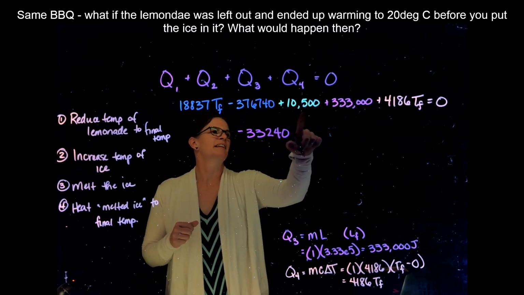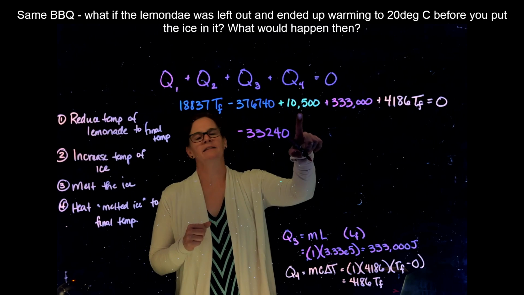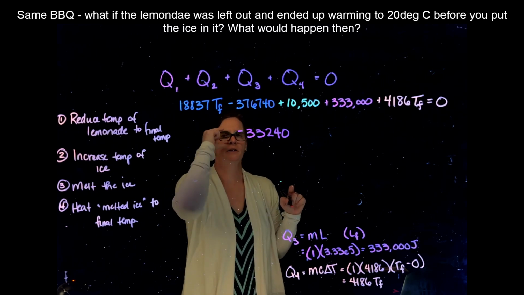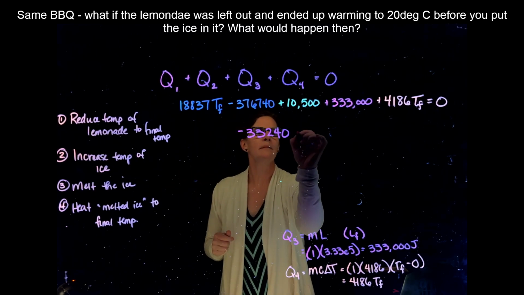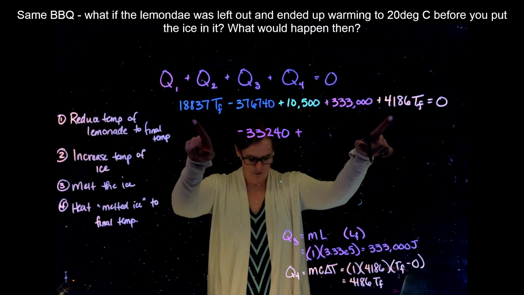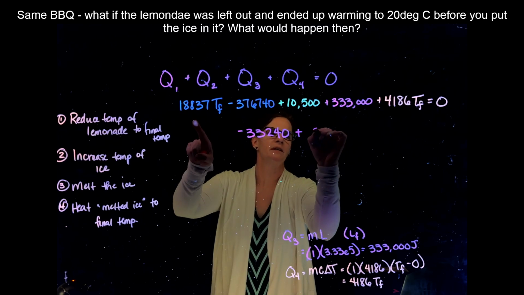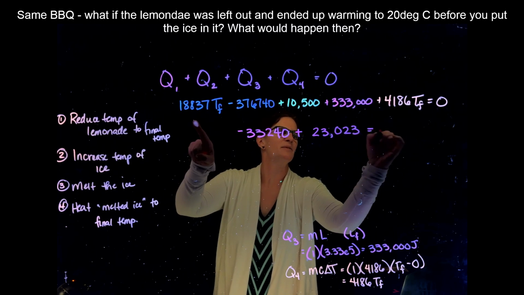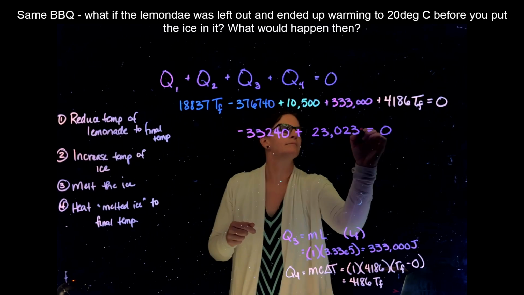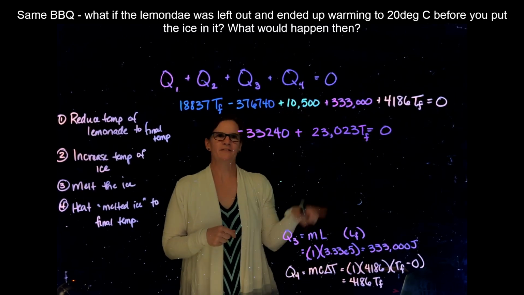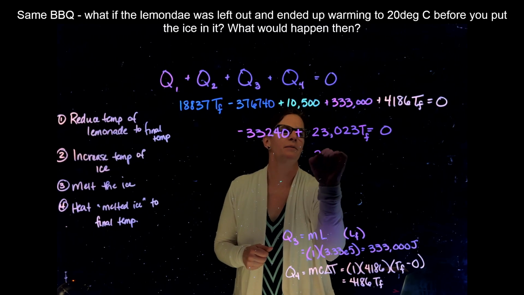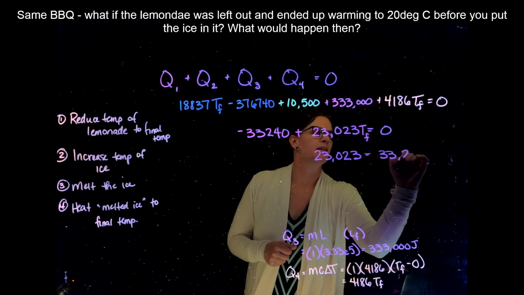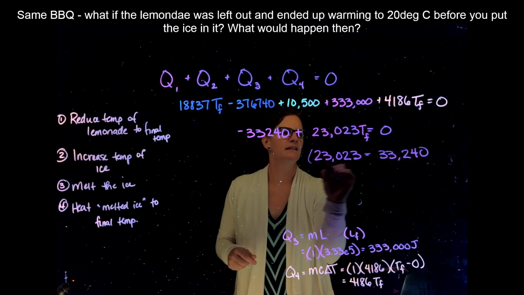So I add 333,000 plus 10,500 minus 376,740. We get minus 33,240, plus my two T's, which is 23,023 T final, and that equals 0. Move that 33,240 to the other side. We have 23,023 T final equals 33,240.